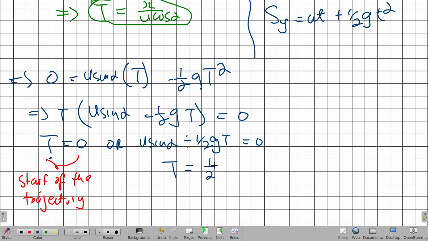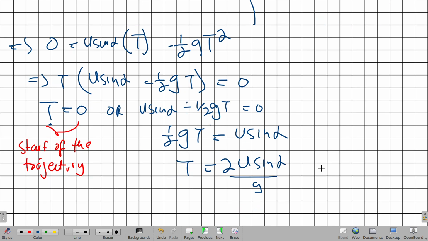I've just made up the formula quickly. That was too quick. Let me just go through step by step. This will be half gT is equal to u sine alpha. This further implies that T is equal to 2, so we multiply it by 2, u sine alpha over g.